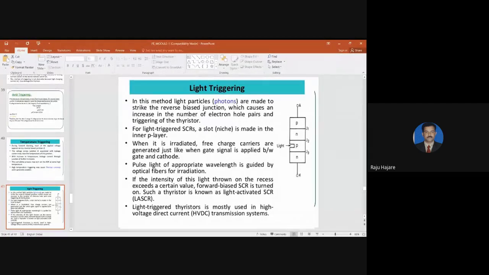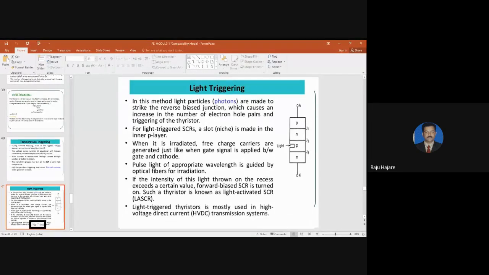This is not used in regular applications, but it is used in HVDC, high voltage direct current, transmission systems. So light-activated SCR is also in place, and power transmission systems use this mechanism.